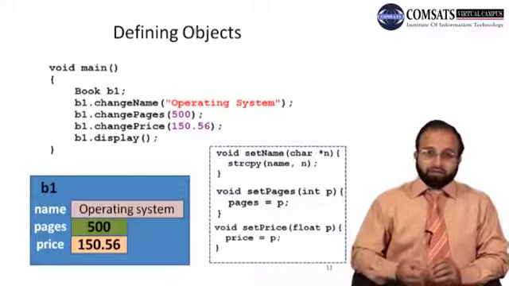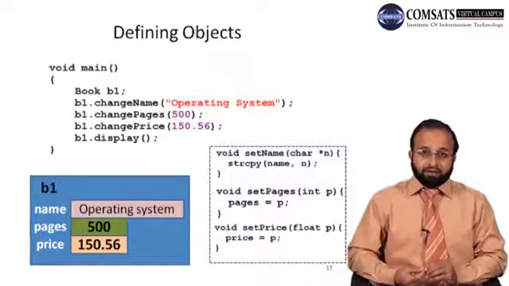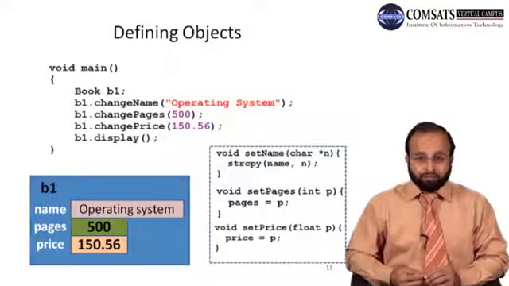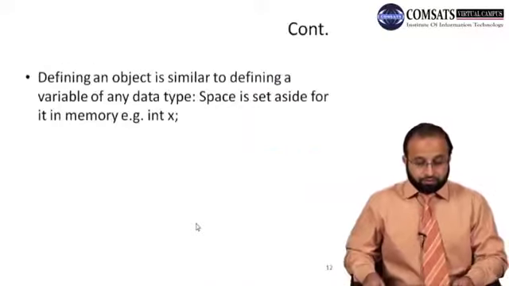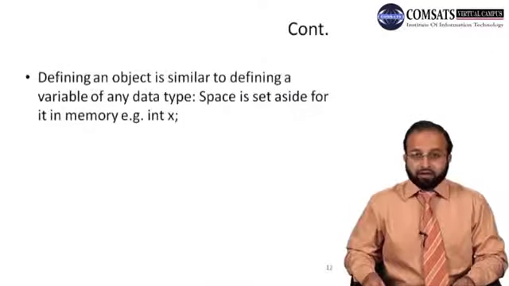So the private data members of the object with which you call the function are directly accessible within the class, right?